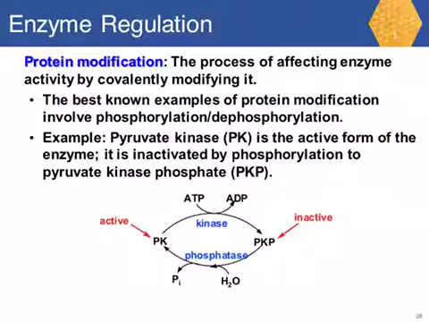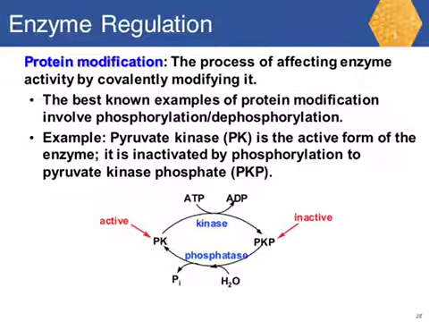There's also something called protein modification, and I'm just going to breeze through this. I'm not holding you responsible for it. It's the process of affecting enzyme activity by covalently modifying it. This happens in phosphorylation and dephosphorylation of the pyruvate kinase.